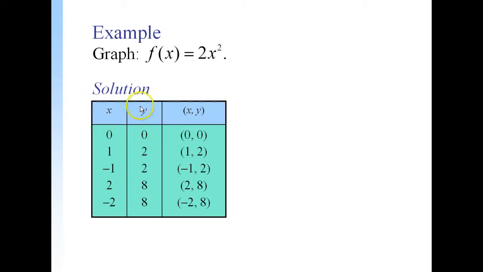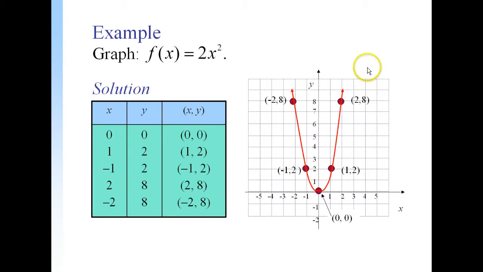As we set up a little t-chart, if x is 0, then y is going to be 0. If x is 1, we're going to square 1, and that gives us 1, and then 2 times 1 is 2, so that's 2. And notice if x is negative, it comes out the same as if it were positive because we're squaring it. And then if it's 2, 2 squared is 4, 4 times 2 is 8, and there we get a series of ordered pairs.